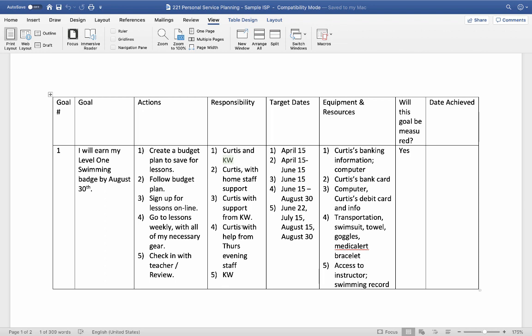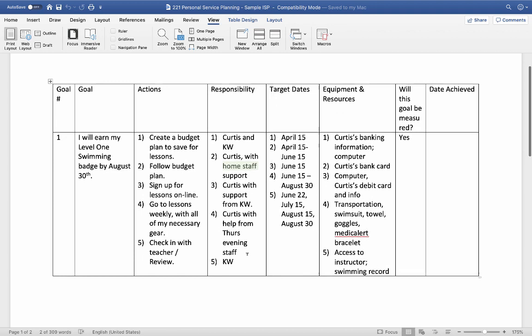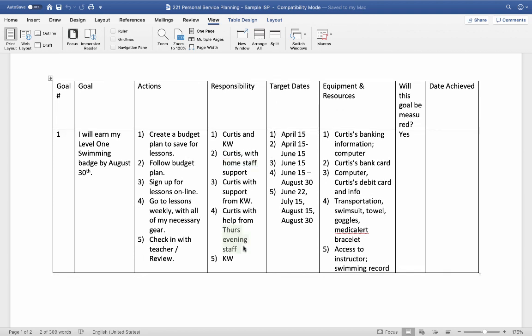But you can see that I've identified whether it's a specific person with their initials or their name, or whether it's just the group of staff in a particular facility. Here I've said it's the Thursday evening staff we're going to take him to his lessons. And KW, who it turns out is, by the way, his key worker, that's what KW stands for, is going to be the person that helps do the budget, helps to sign him up, and goes and does the review.